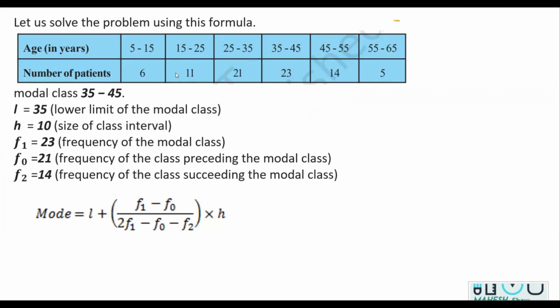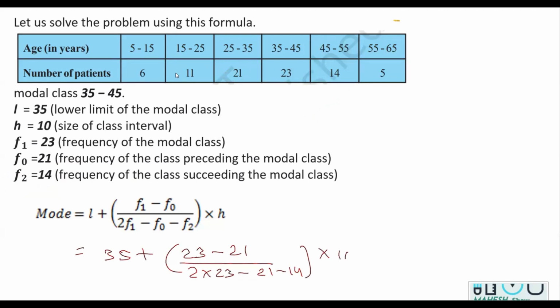Once you have ascertained these values, you can simply plug them into the formula. L is 35, plus f1, which is 23, minus f0, 21, divided by 2 times f1, 2 times 23, minus f0, 21, minus f2, 41, and that multiplied by the class size, which is 10 here.